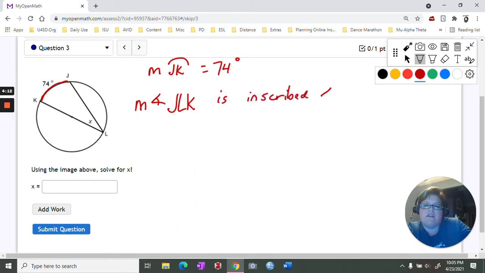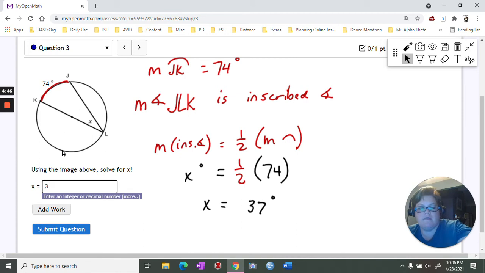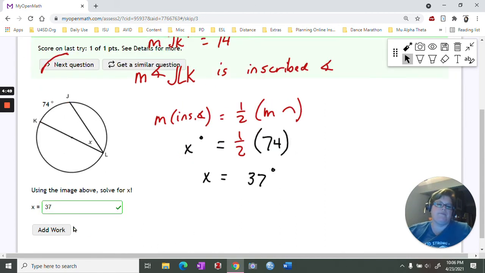The measure of my inscribed angle is half the measure of your arc. My arc measure is 74, so I'm going to take half of that to get my x. Half of 74 is 37. So my x equals 37 degrees.